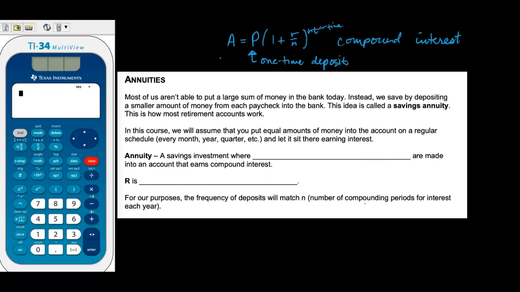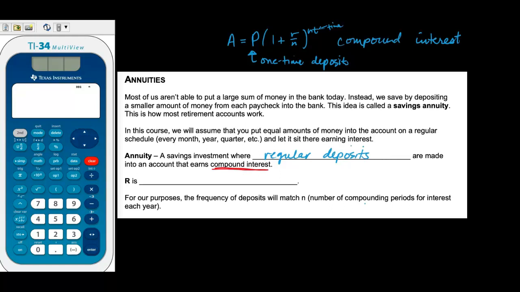So an annuity is similar because you make deposits, and that money grows, earning compound interest. So that's nice. You're still taking advantage of that compound interest. But the nice thing about an annuity is it's a savings investment where regular deposits are made into an account rather than a one-time deposit.